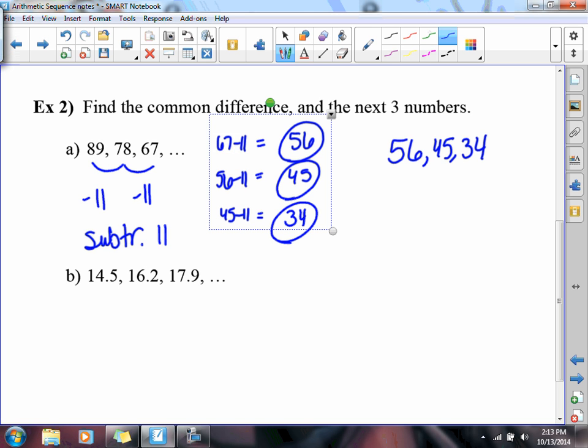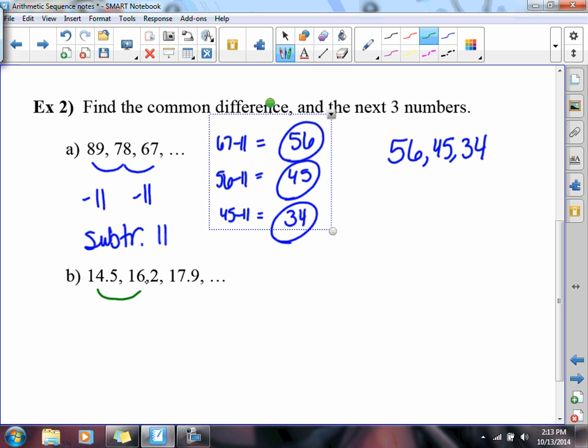And then for part B, we can do the same thing there. You want to look at your 3 terms. And this might seem a little more intimidating because you have decimals. So if you need to, instead of trying to think, what do I have to add to go from 4.5 to 16.2, think, what would I have to subtract?